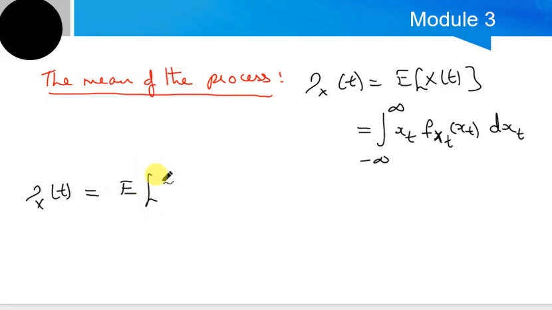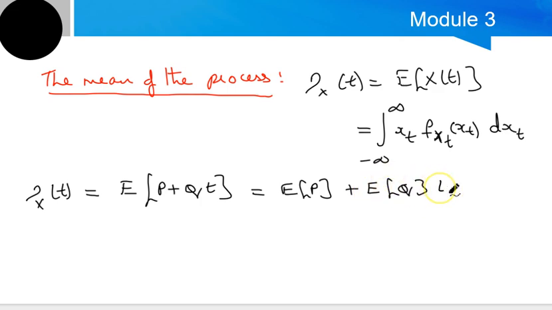Expectation of my x of t here is the straight line. I have p plus qt. So e of p plus qt is nothing but e of p plus e of q into t. Okay.